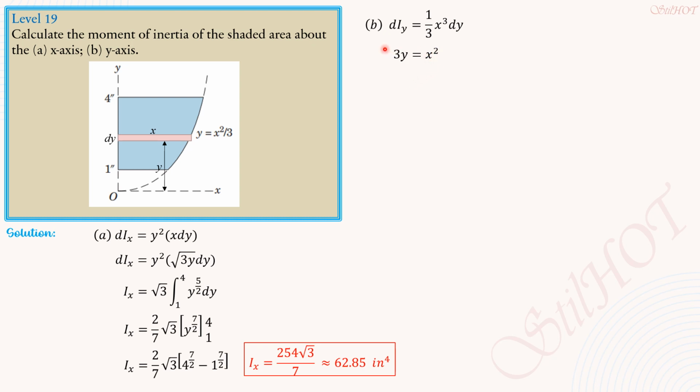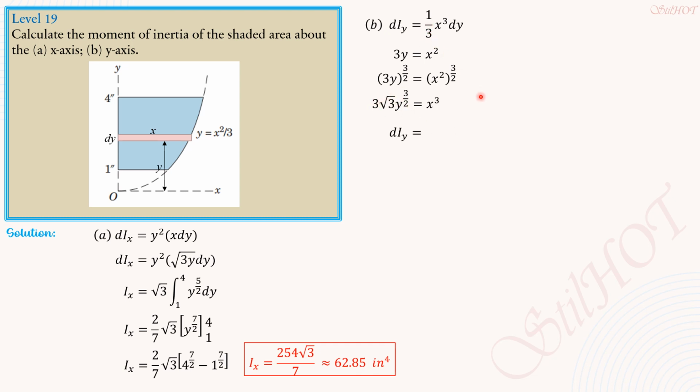We raise both sides of the equation to 3 halves, so 3y to the 3 halves equals quantity x squared to the 3 halves, and 3 to the 3 halves is 3 square root of 3 times y to the 3 halves equals x cubed. So therefore this is the value of x cubed.